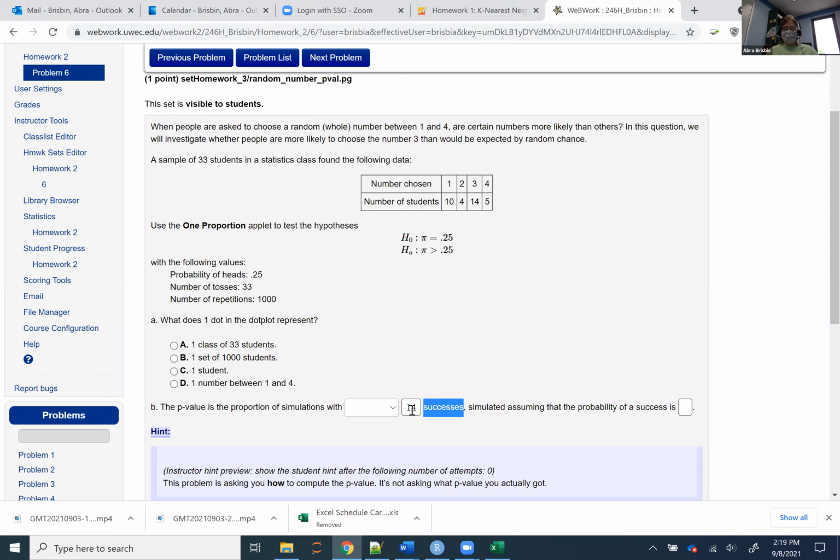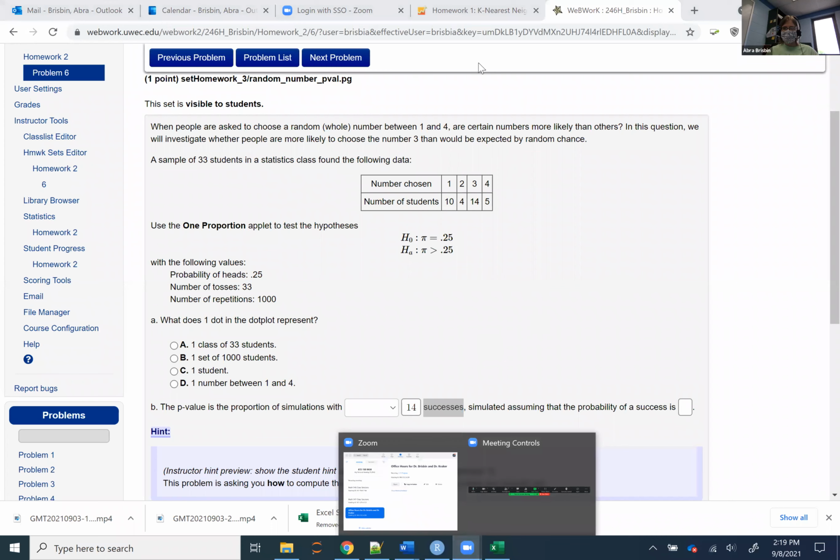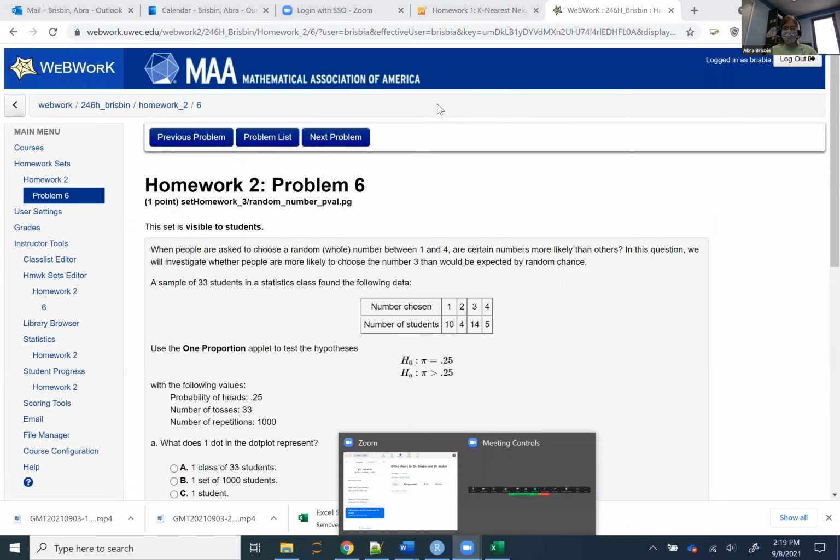Okay, so does that make sense why it's 14? Yes. Okay, cool. Other questions about homework 2? That was the only one that I was having questions on. All right, and you got your question about problem 8 worked out?